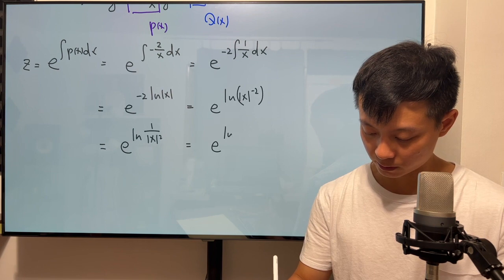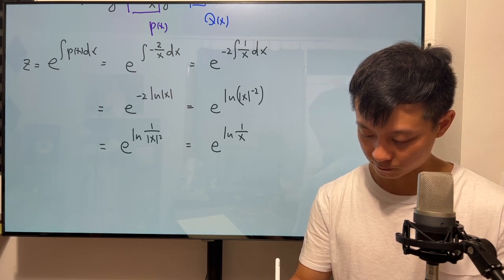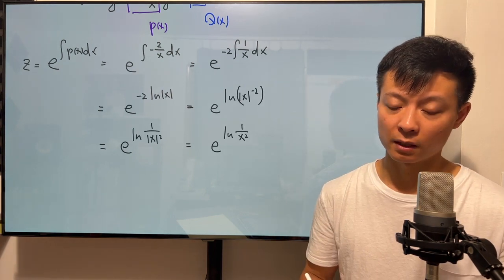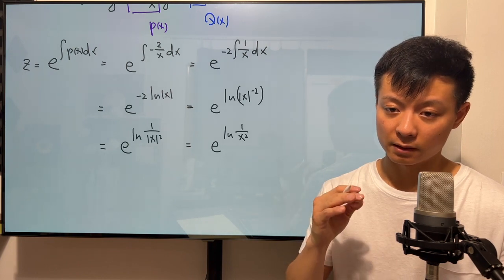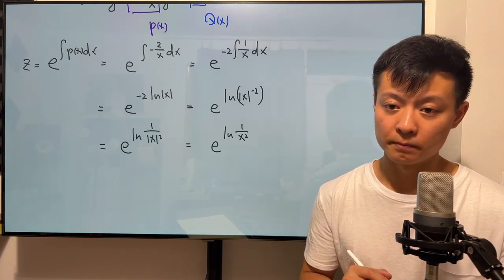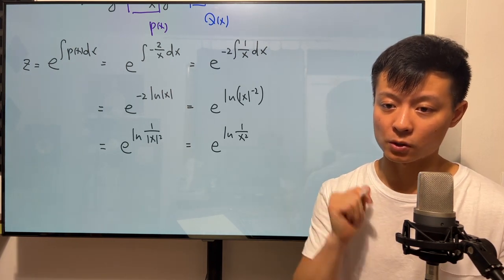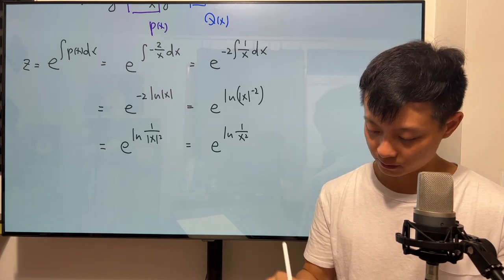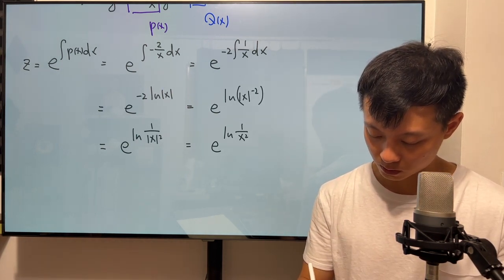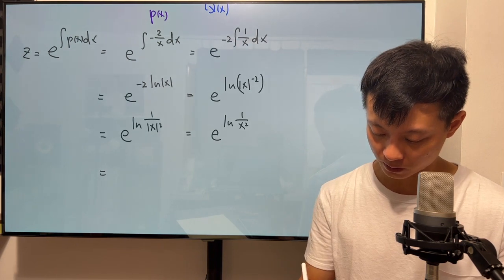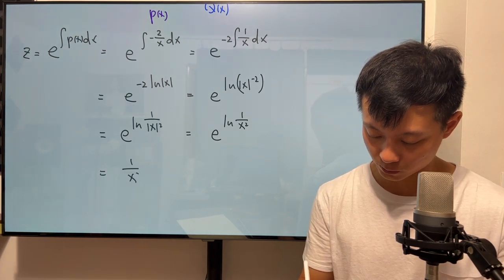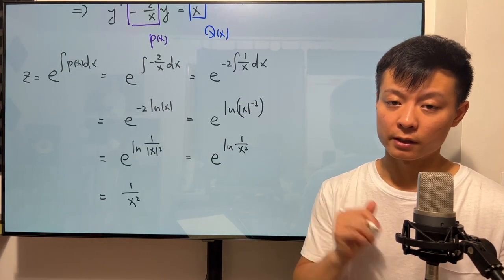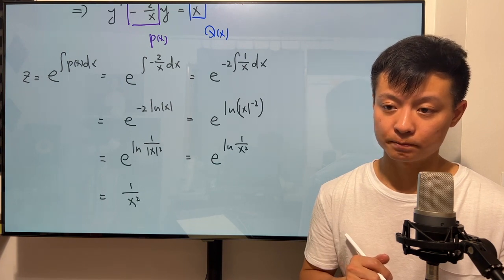So we can write it as ln 1 over x squared. And we also know that the exponential function e can sort of cancel with the ln. So after it cancels, we are going to be left with 1 over x squared, which is our integrating factor.